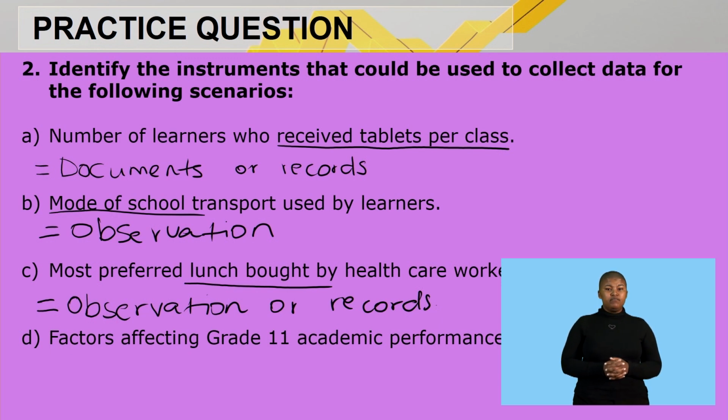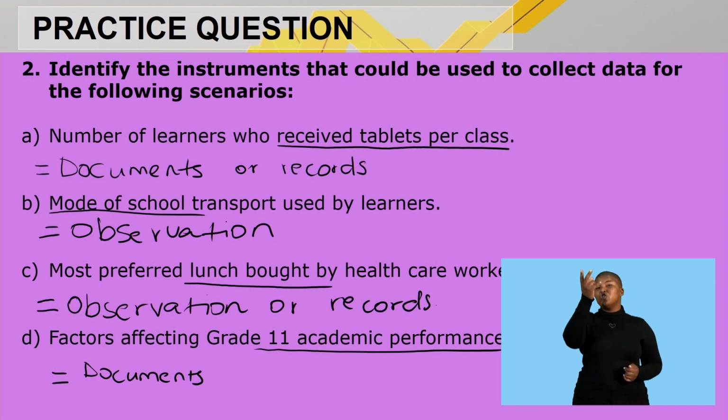Number D, factors affecting grade 11 performance. The instrument that can be used here is documents or records, whereby we check how learners have been performing in grade 11. You can start by checking the factors.